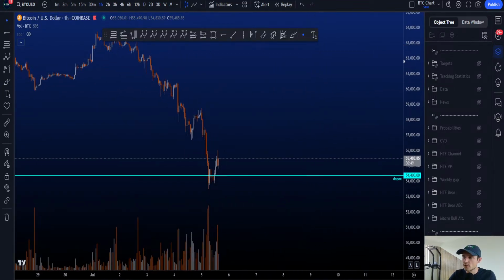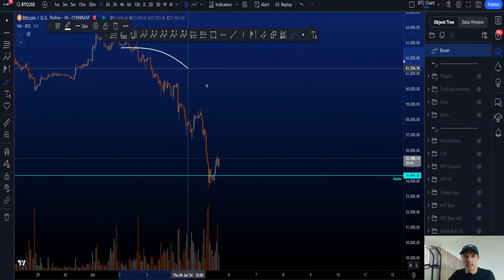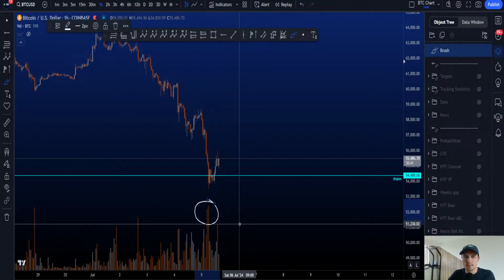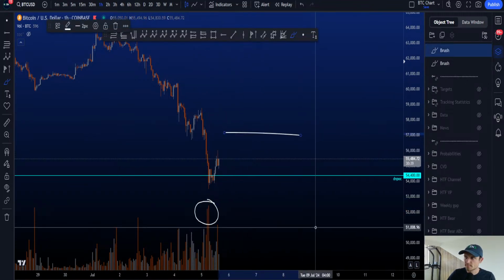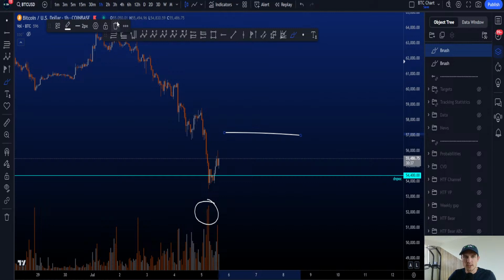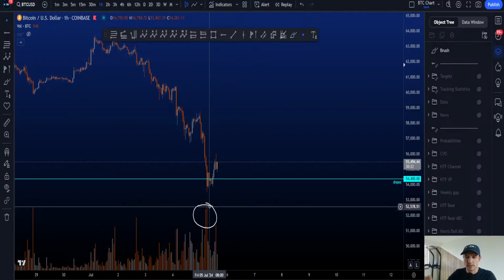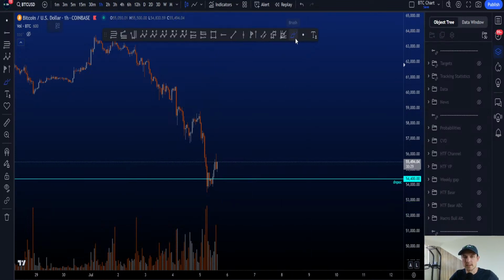So what I like to do is, instead of wasting time trying to count every small little move, I look at volume and I look at 618s, right? With Elliott waves, you don't need to know every single 1 minute, 5 minute, 15 minute, 1 hour structure. It's about the context. So on the daily time frame, things are very clear.